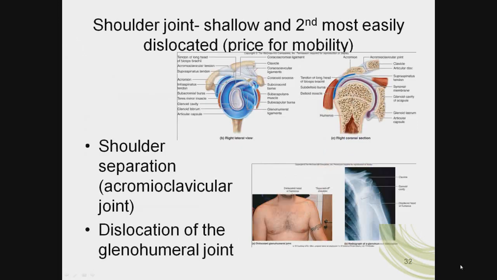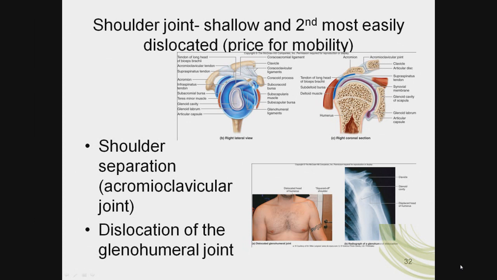Let's take a clinical view on shoulder joint dislocations. Like I said, shoulder joint is the most frequently dislocated, but according to my studies, the second most easily dislocated. It might be that you think I'm splitting hairs, but it's a shallow joint and it has the greatest mobility, but that comes at a price: lack of stability.